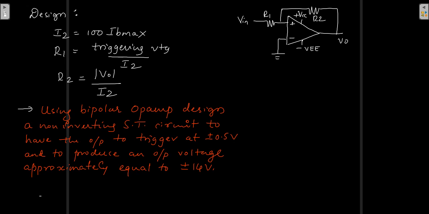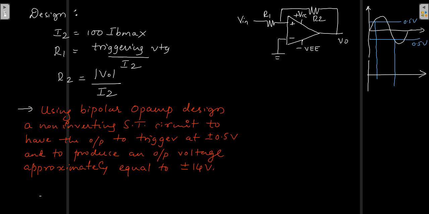If you are asked, you have to draw the waveforms as well. Anyway, we can have a rough waveform drawn here. Here you have 0.5 volts, here also you have 0.5 volts. So this will be one point, this will be another point. So you can draw the output waveform also.